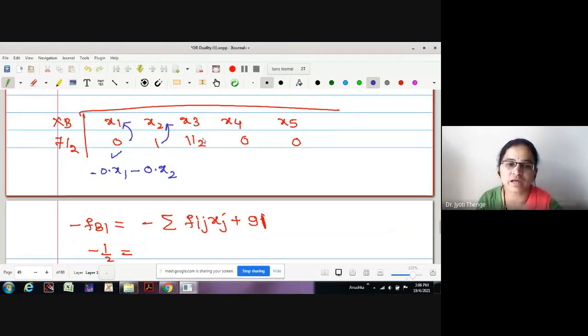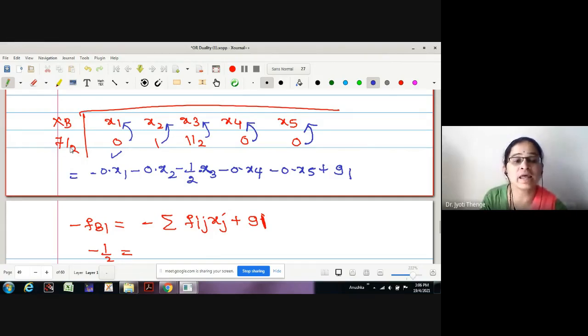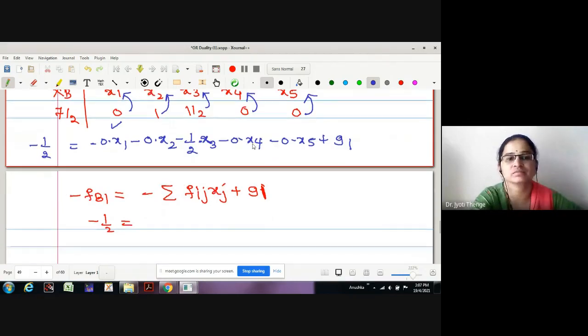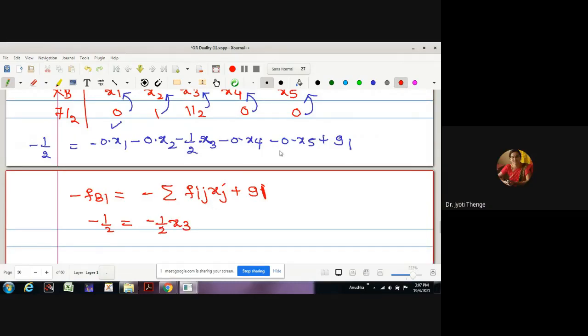Again, the fractional part of this number into x3, with negative sign, minus half x3. Fractional part of 0 into x4, fractional part of 0 into x5, added with g1. And this whole thing equals the negative fractional part of this number, that is minus half. So what is the constraint equation? Minus half equal to minus 1 by 2 x3 plus g1. This is your first Gomory constraint.